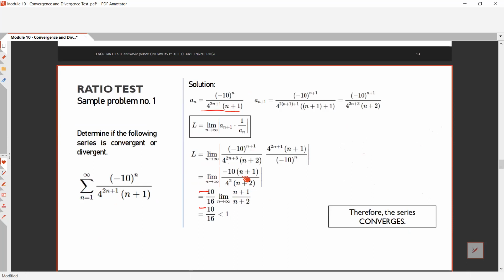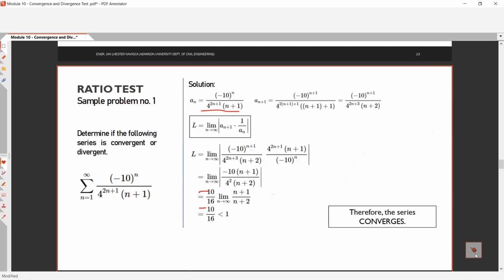So, that is n plus 1 over n plus 2. So, we substitute n approaching infinity into n plus 1 over n plus 2. So, infinity over infinity. So, that is approaching 1, value 1. Okay? So, therefore, negative 10 over 16. So, negative 10 over 16 is less than 1. Okay?